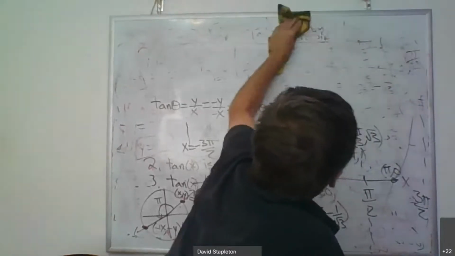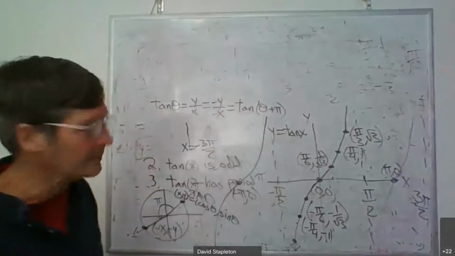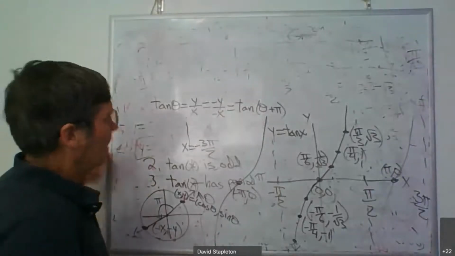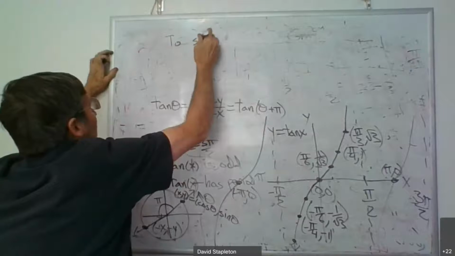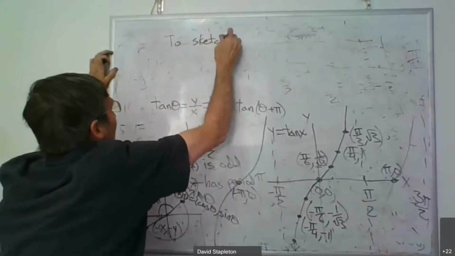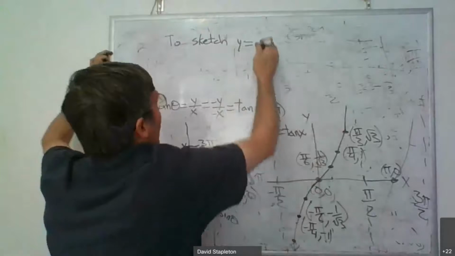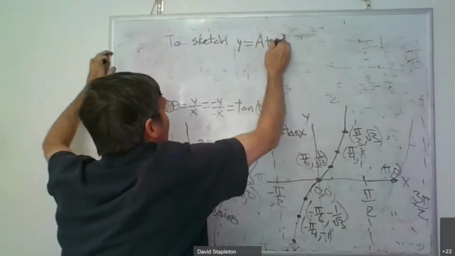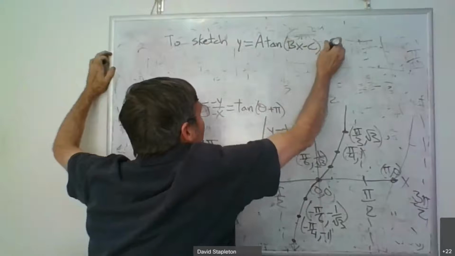This one, the odd property and the pi periodic property. And we'll say this now: to sketch the graph of y equals the same kind of thing we do with sine and cosine, A tangent of bx minus c, plus d.